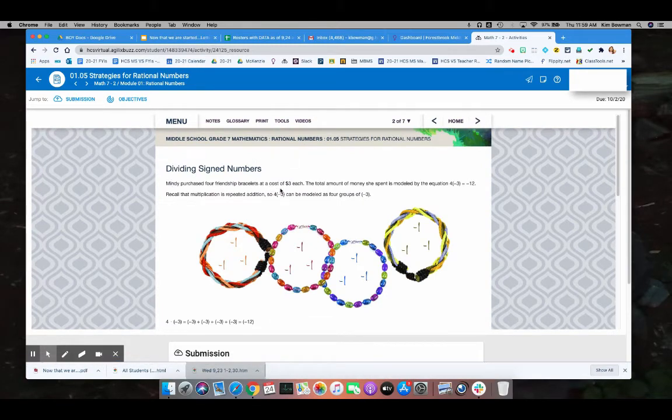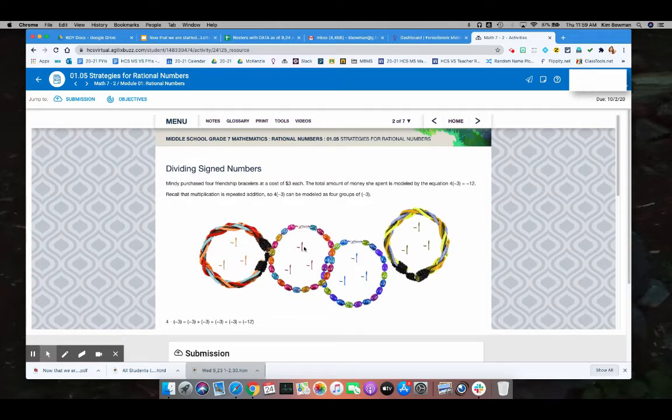Mindy purchased 4 bracelets at a cost of $3 each. The total amount of money she spent is modeled by this equation: 4 times -3 equals -12. Recall that multiplication is repeated addition, so 4 times -3 can be modeled as 4 groups of -3.